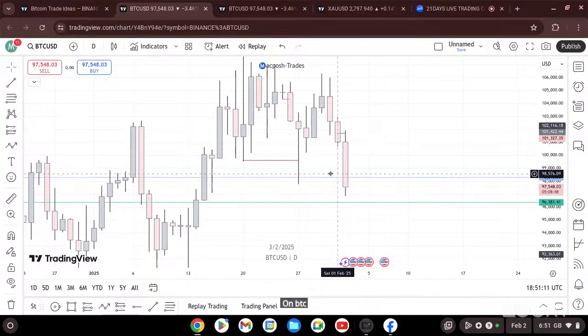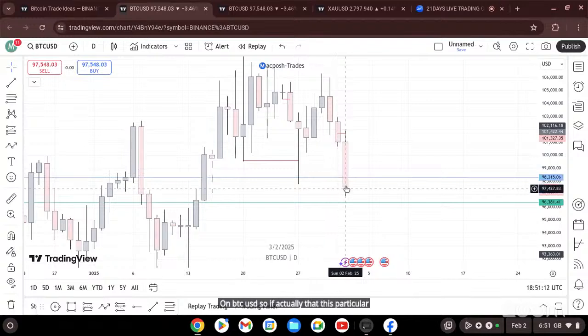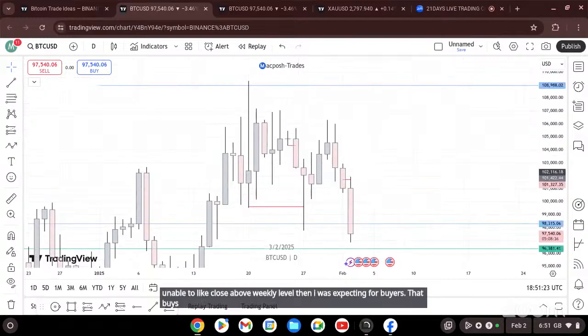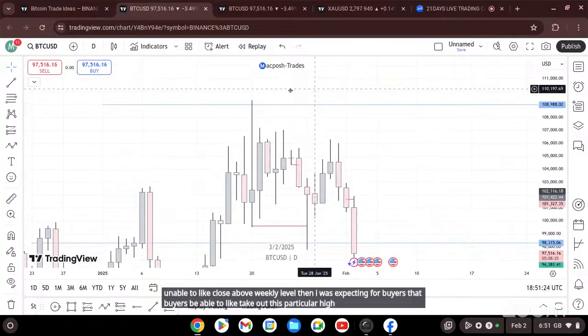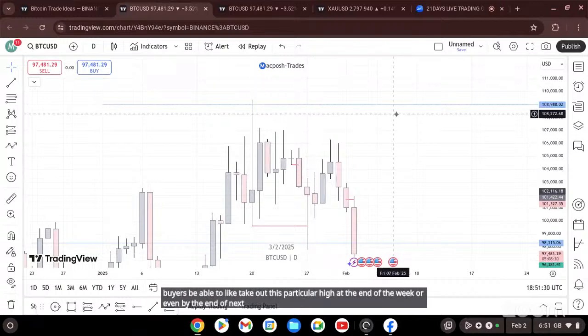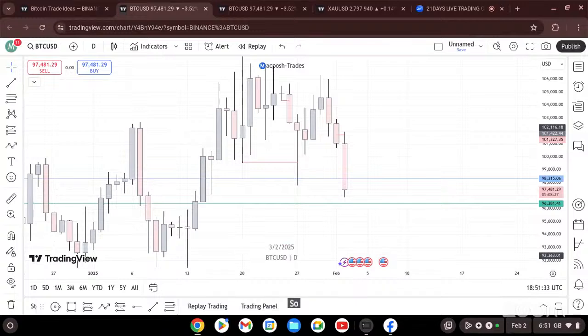If this particular daily candle is unable to close above this weekly key level, then I'm anticipating buys. Those buys will take out this particular high by the end of the week, or even by the end of next week or whatever. So at this particular point now, I'll be kind of waiting on BTC USD.